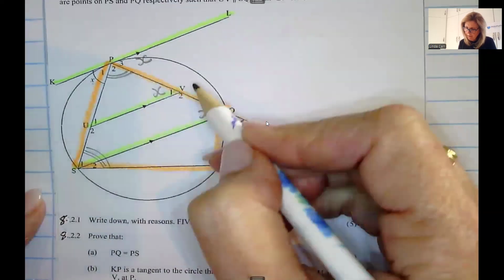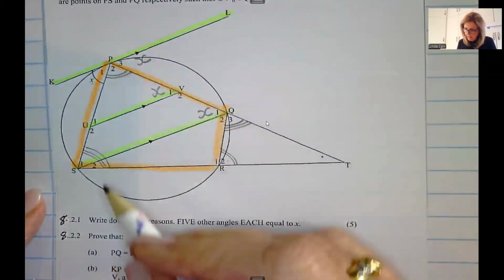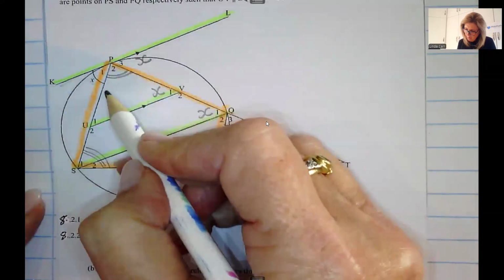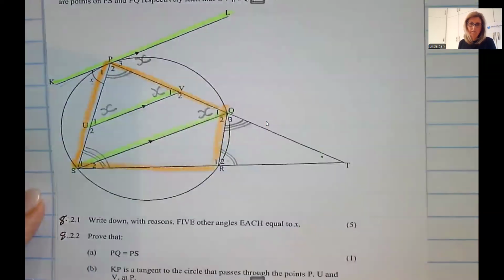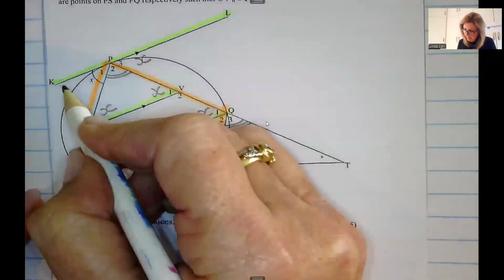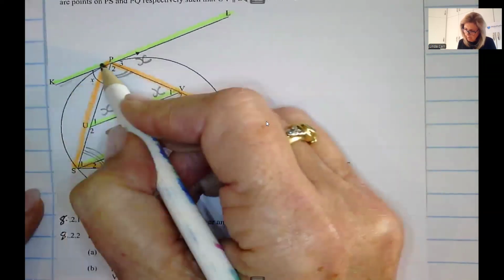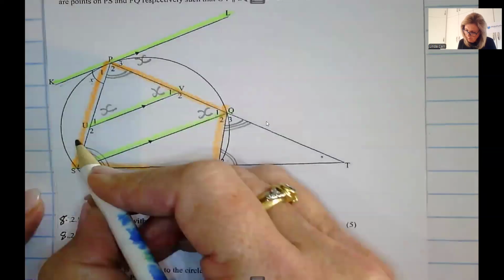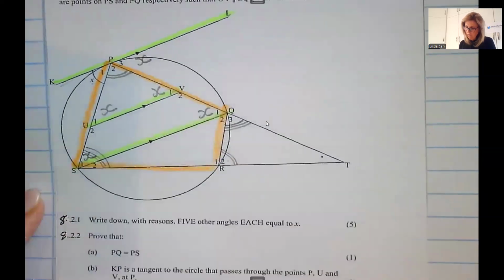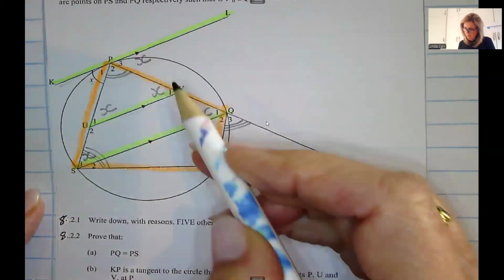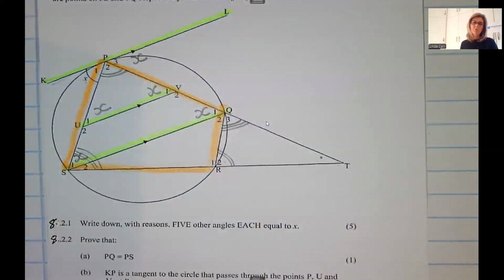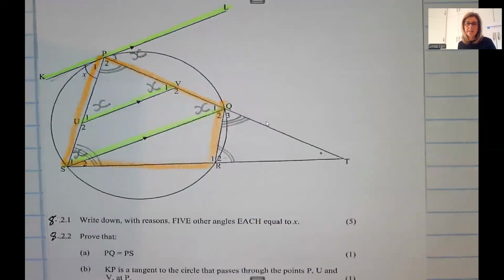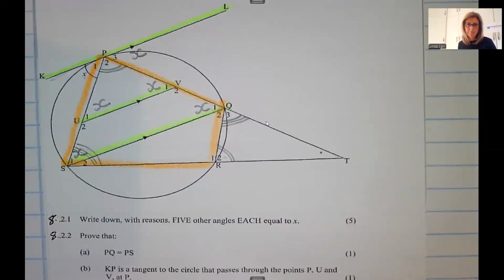Angle P3 is equal to V1, and angle P1 is equal to U1. P1 is also equal to S1 because of alternate angles. So 1, 2, 3, 4, 5 angles all equal to X, and those are very easy, generous marks.